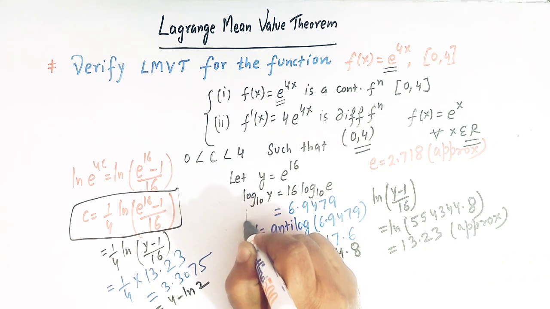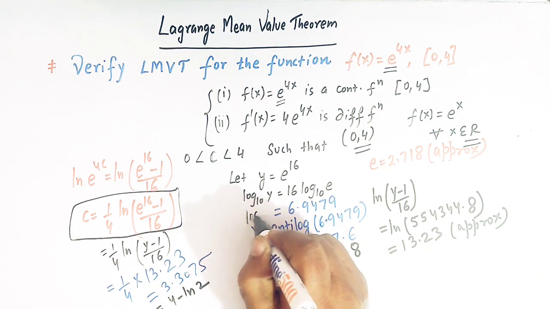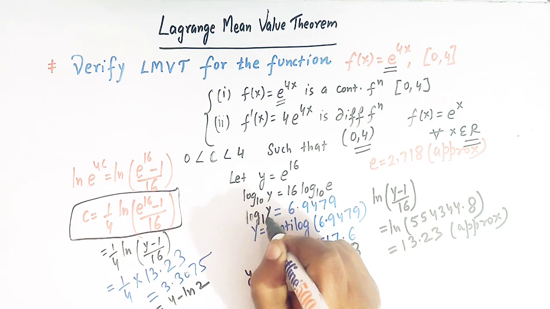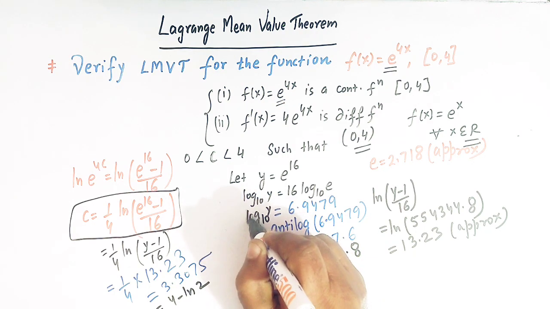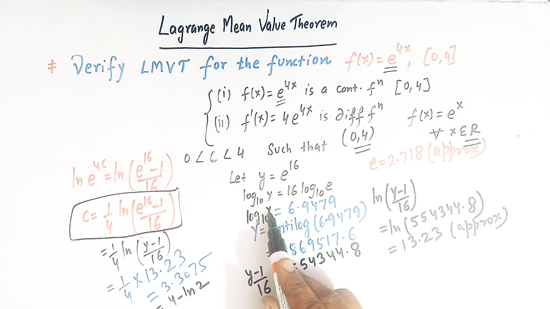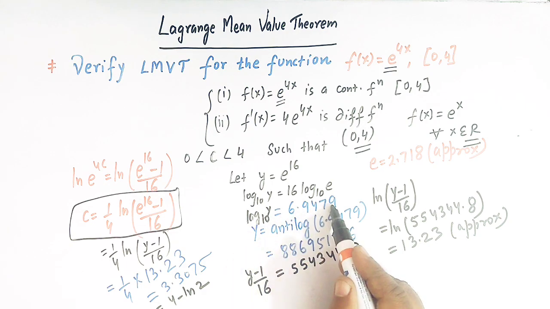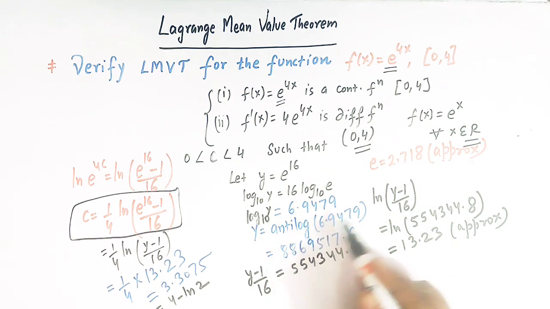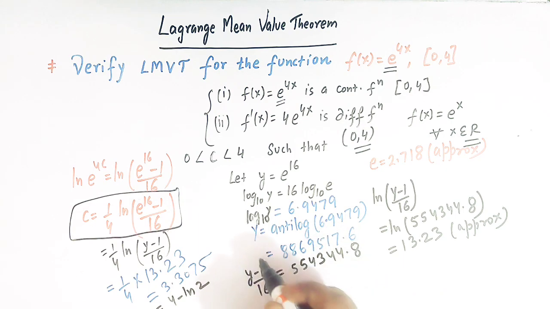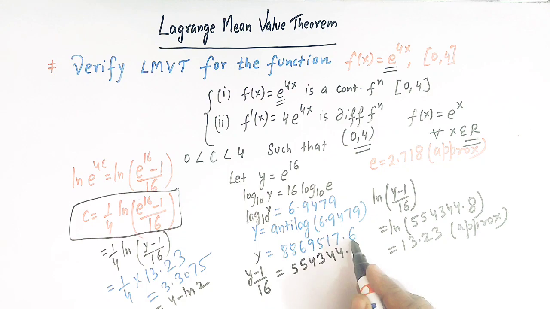So now here we have log of y to the base 10, right? Now y can be obtained by taking the anti-log. So we can take help of the anti-log table. The anti-log of 6.9479 is this number, and this is the value of y, right?